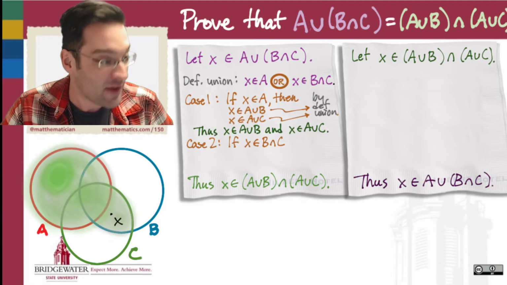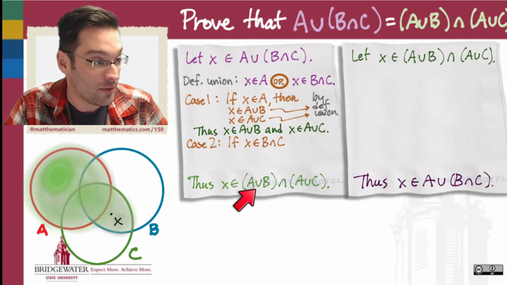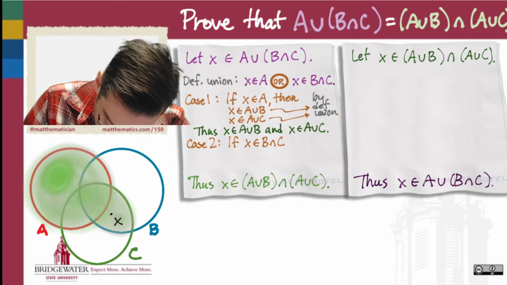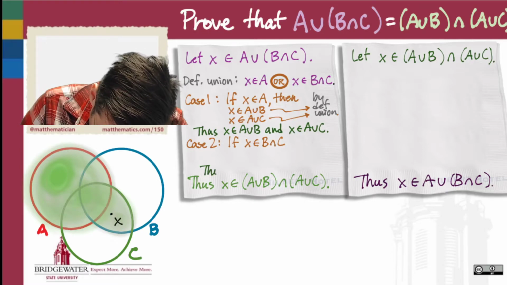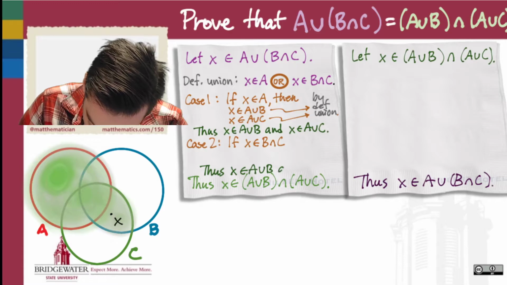Okay. So if X belongs here, how are we going to show that it belongs to the intersection of the union of A with B and A with C? So I want to make, again, that same conclusion here. Thus, X belongs to the union of A and B, and X also belongs to the union of A with C.